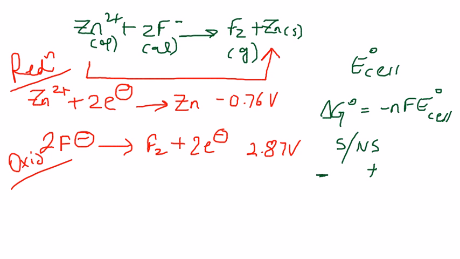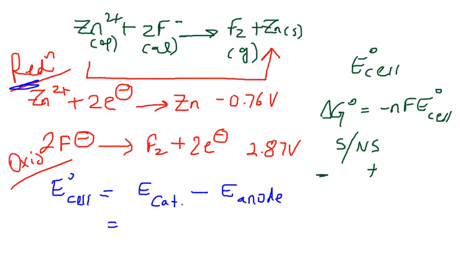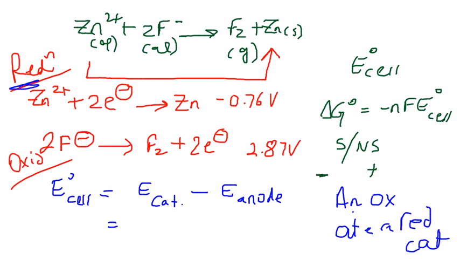The reduction potential value for fluorine is 2.87 volts. In order to determine the E0 cell, you'll simply take a look at what's going on at the cathode, and these are reduction potential values, of course, and what's going on at the anode. At the cathode, we have a reduction, because remember, an ox ate a red cat: anode has oxidation, reduction at cathode.